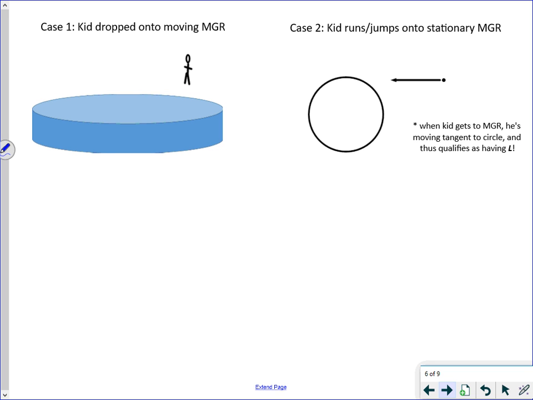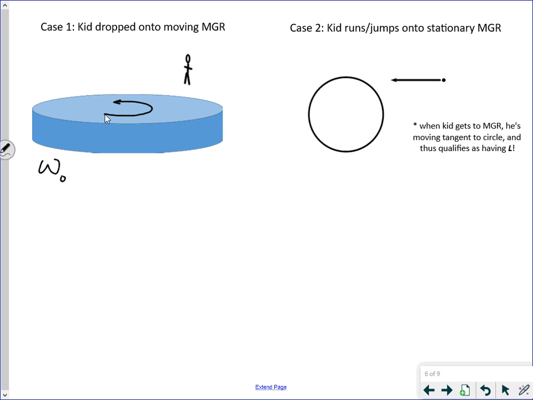All right, let's say that initially the merry-go-round is rotating with an angular velocity, let's call it omega naught. All right, the kid is dropped onto this merry-go-round. So here's how I would write this.